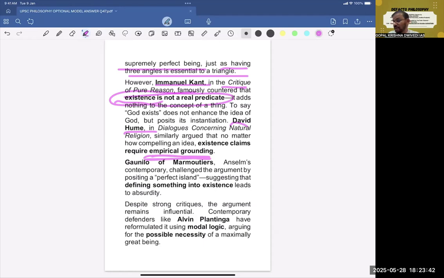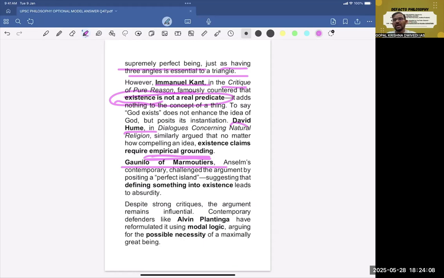Now, another critique came from Gaunilo of Marmoutiers, basically Anselm's contemporary. He challenged that argument, positing a perfect island, suggesting that defining something into existence leads to absurdity. He said, let us imagine that there is a perfect island.